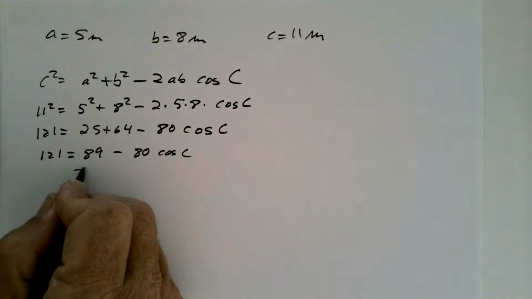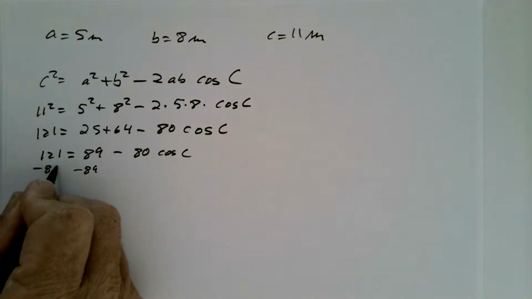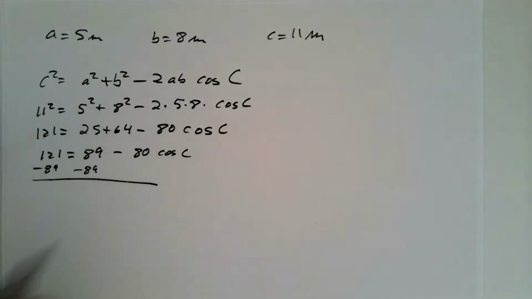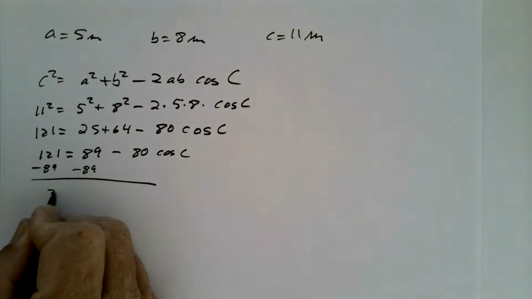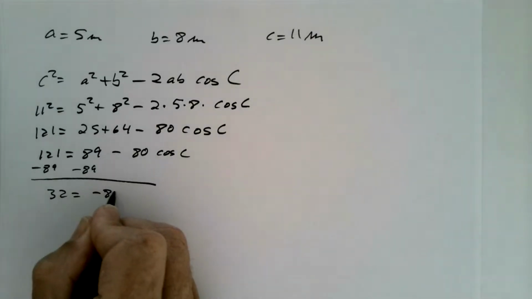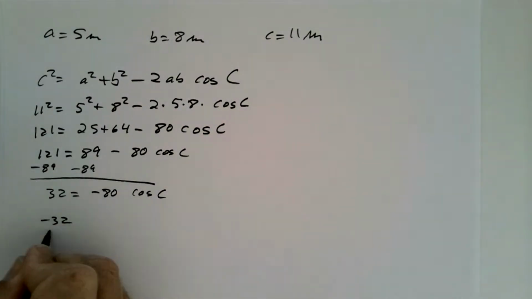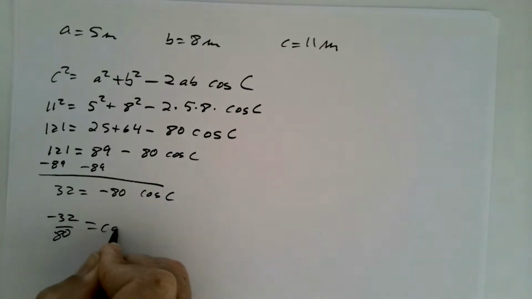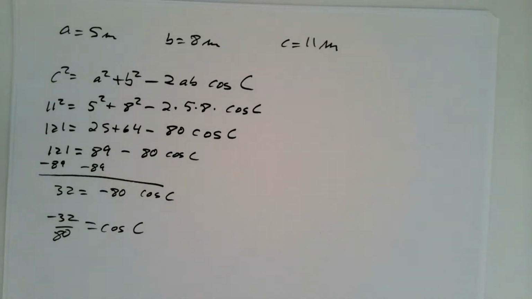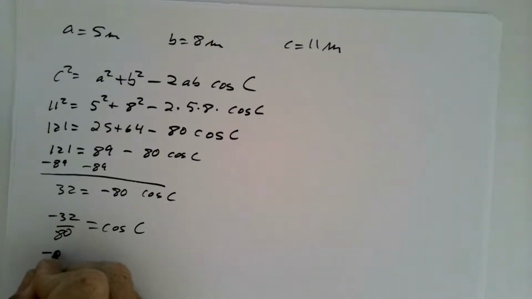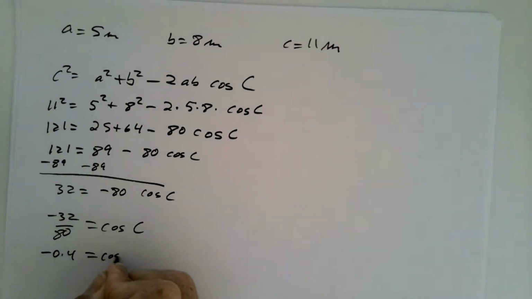We'll subtract the 89 from both sides. 121 minus 89 is 32, is negative 80 cos c. Negative 32 over 80 is cos c. That's about negative 0.4.